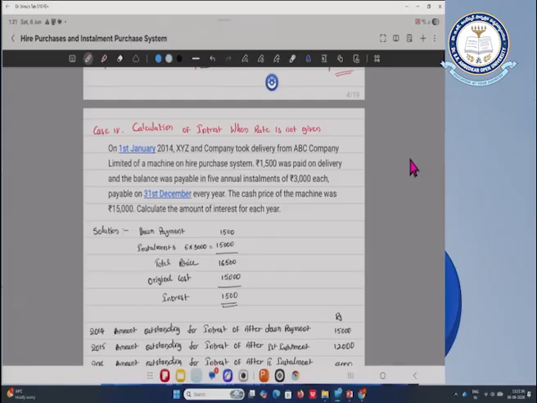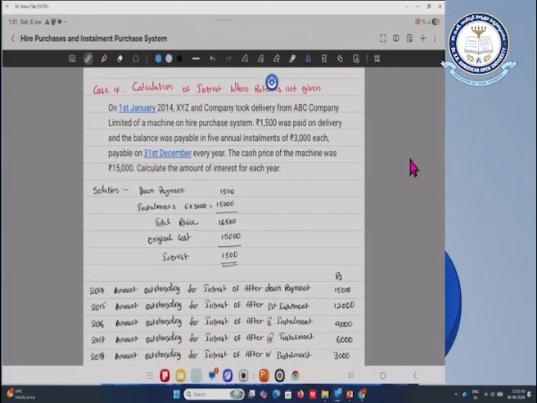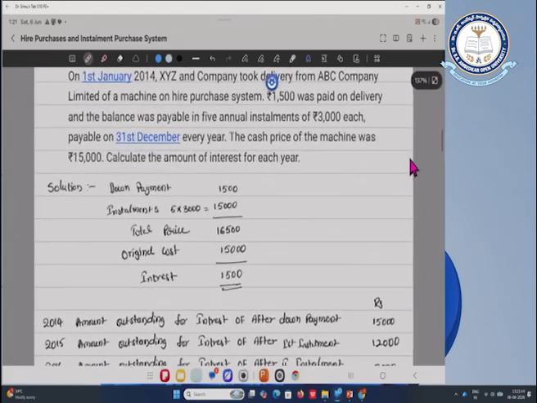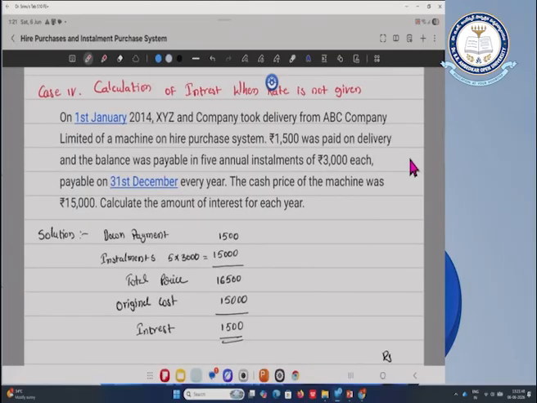And the fourth method is what? Calculation of interest when the rate is not given. This is very important. In the previous problems, each and every problem gave the interest rate, but in this problem the rate is not given, so we have to calculate it.